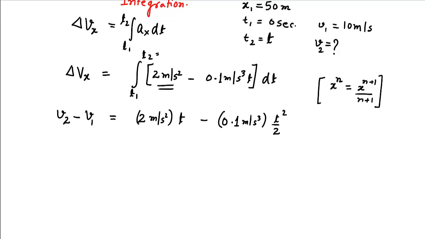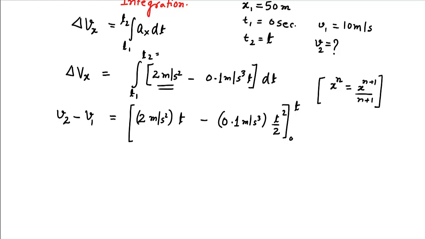So if I use this formula, the integration of t will be t square divided by 2. Now I have to integrate between the two limits t1 to t2. So let's put t1 equals 0 and t2 equals t, because we want to find the expression of velocity as a function of time.